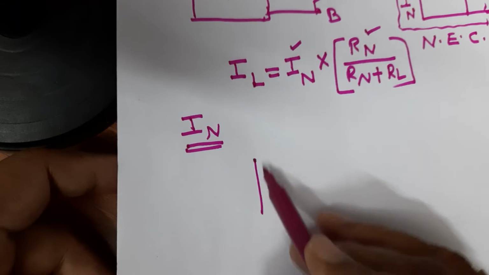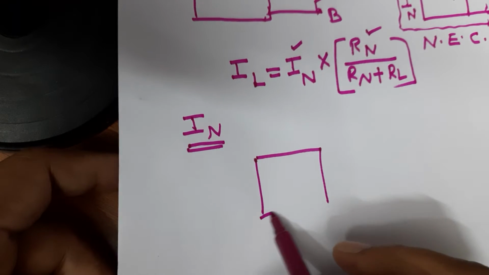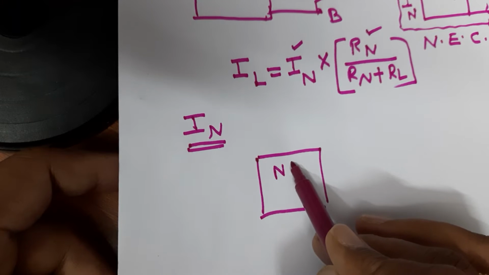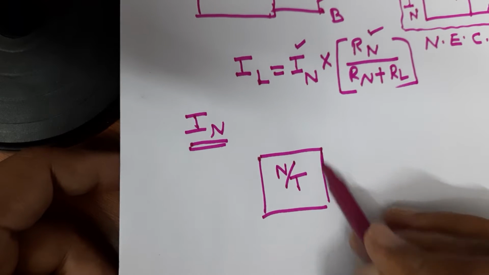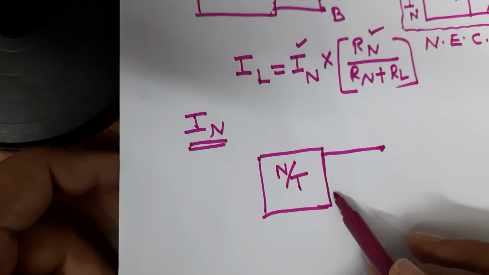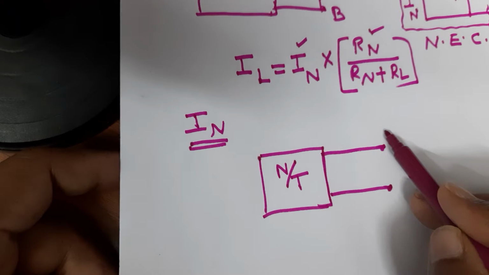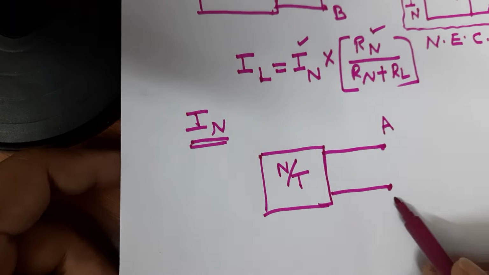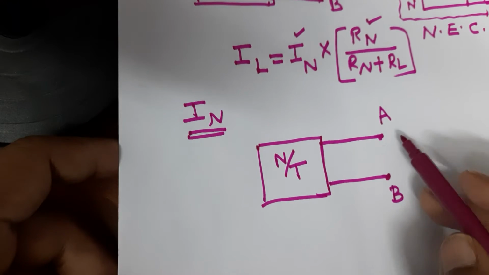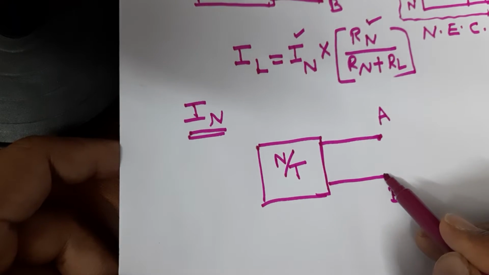Let us take the given network, any network. The first step is to remove the load resistance. Once we remove the load resistance, there will be an open circuit like this.